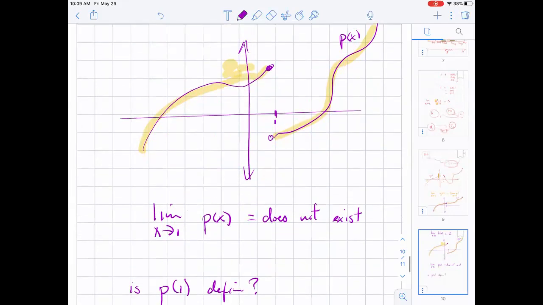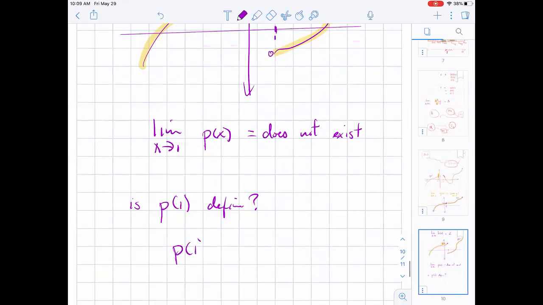Yes, P of 1 is defined. It will be this height here if that's 2. So P of 1 is equal to 2. But the limit doesn't exist at x equals 1. Do you see the difference? Yes.